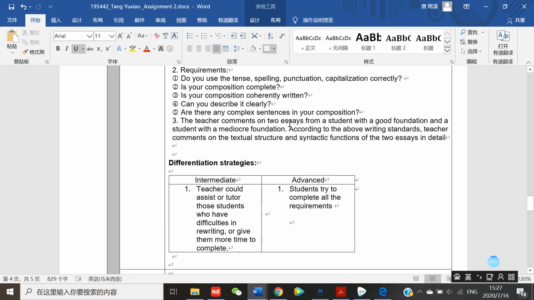For the intermediate level, the students could assist or tutor those students who have difficulties in rewriting or give them more time to complete. And for the advanced students, they need to try to complete all the requirements because they have higher ability to do this.